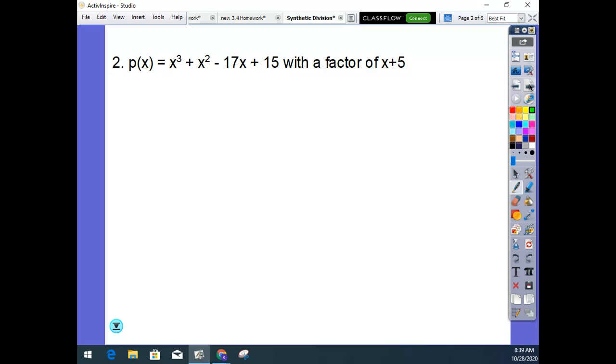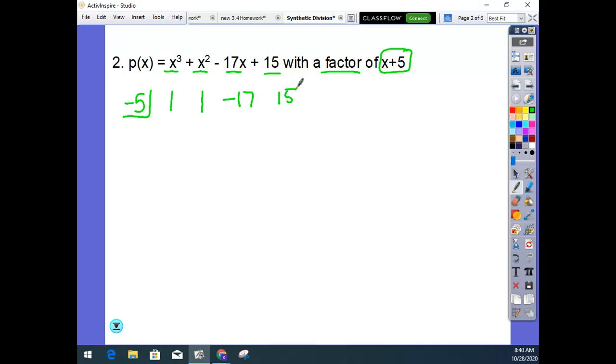Now, if you've not done this problem, pause the video, try this problem, see how far you get, and then turn it back on. X plus 5, if it's a factor, I'm going to divide by negative 5. Then I need my coefficients, x to the third, x squared, x, 15.